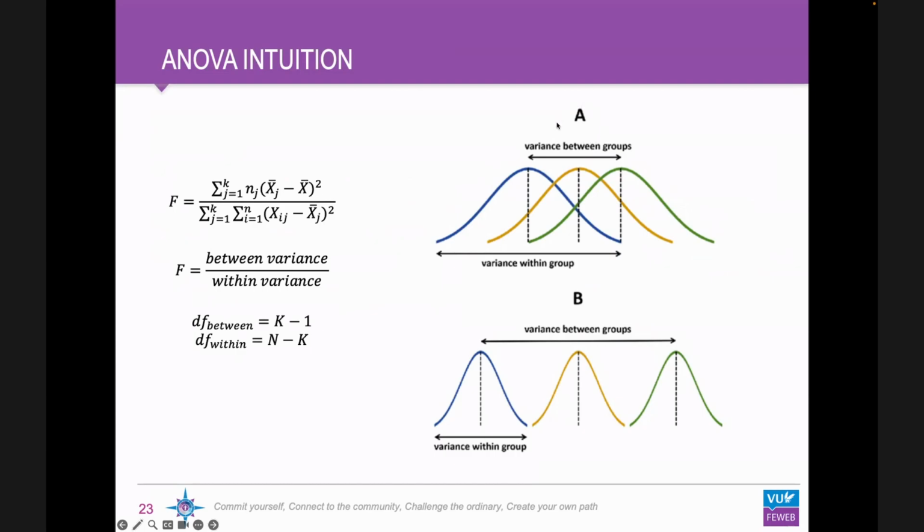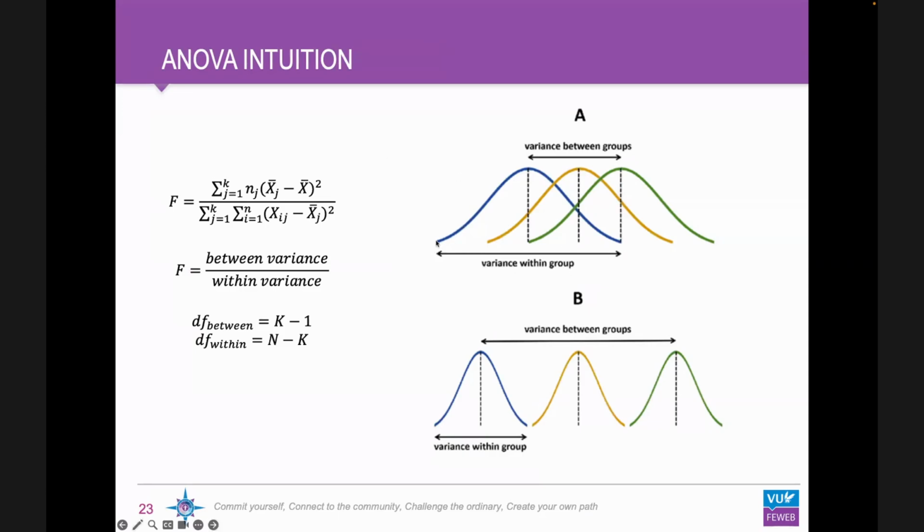In the case of A, the dots represent the means of their distribution. So these are the kinds of data distributions that we observe. The variance between groups is related to whether the mean of each group is far away from the others or not.